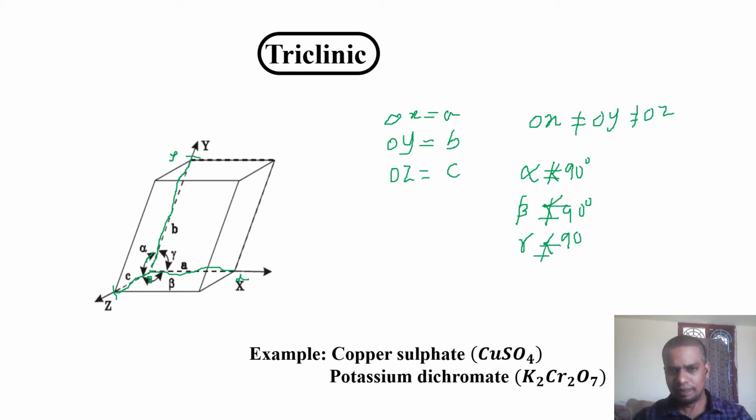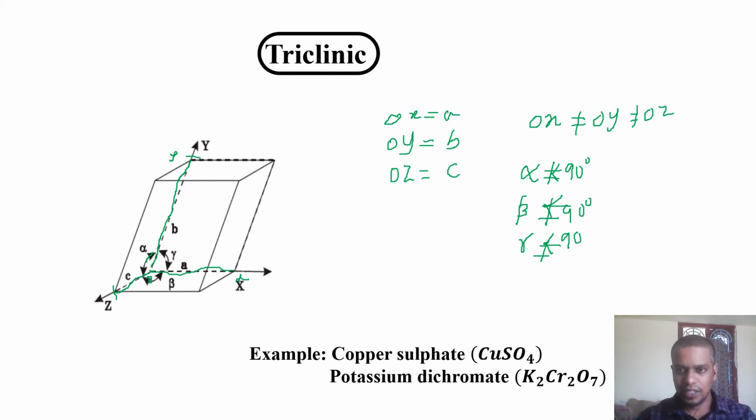Maybe some angle is obtuse, so we can't exactly tell. What we can say is that these three angles are not equal. Some of them may be acute, some may be obtuse, some are not equal to 90.